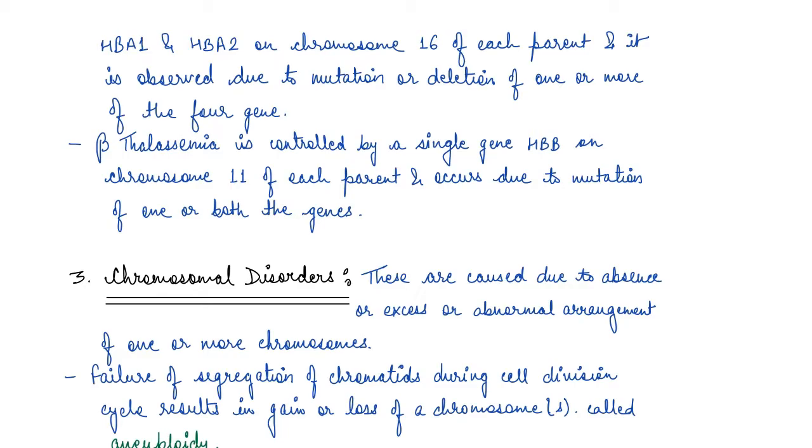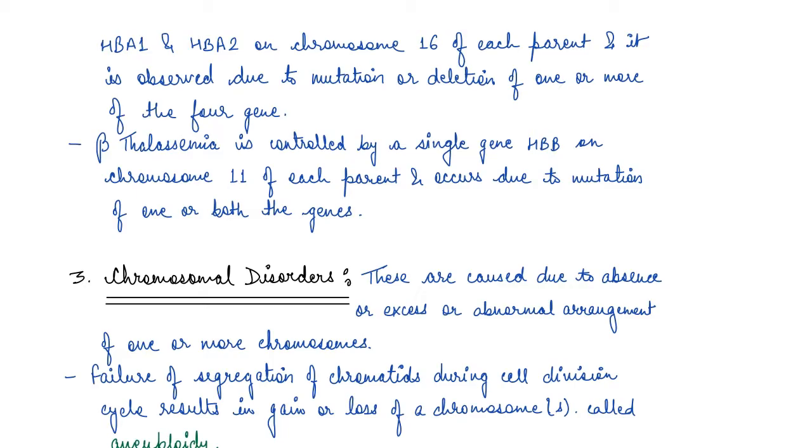In the case of beta thalassemia, it is controlled by a single gene, which is HBB. This gene is present on chromosome 11 of each parent, and this occurs due to mutation of one or both the genes. So this is thalassemia.